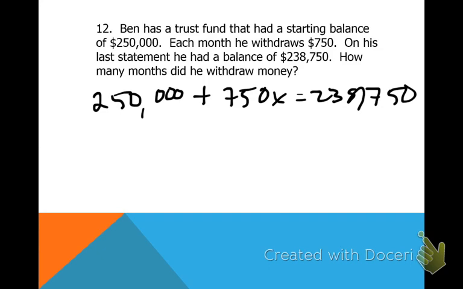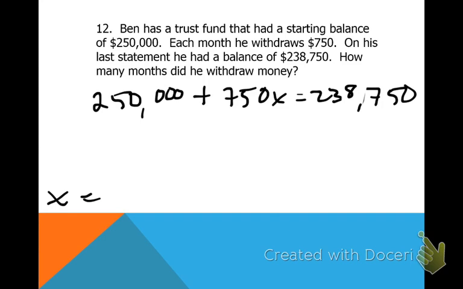Okay. What in the world is X? No, not the value. What do you mean by X? We're going to define the variable. What's X represent?